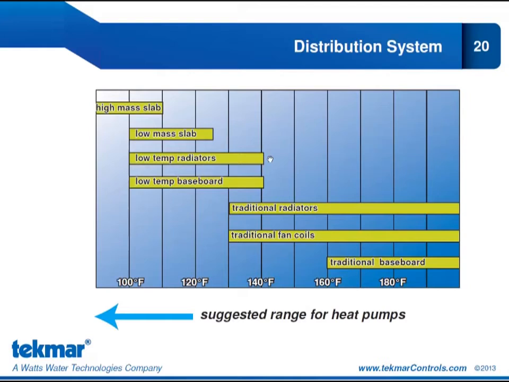We'd want to keep that on the low side, so between 100 and 120. What we're not going to be using are traditional radiators, traditional fan coils, and traditional baseboard. All of these require supply water temperatures that are just too high for a geothermal heat pump application.